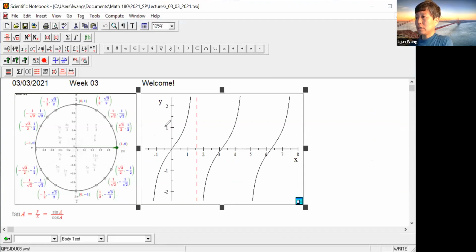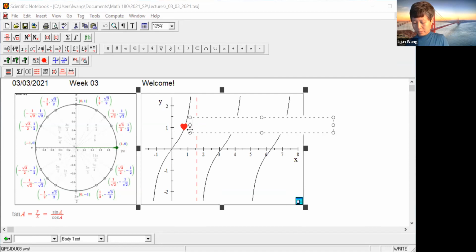Sorry, did I share that? Mark this point. It's not precise, but the y value is 1. What is the x value? What is this point? Pi over 4. Pi over 4. Very good. Comma 1.